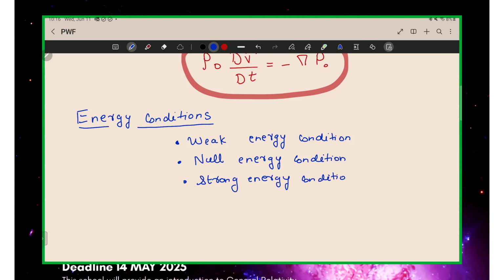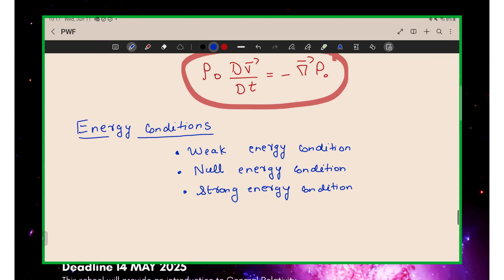There's one more called the dominant energy condition, but I'm not going to talk about that. These energy conditions put certain constraints on pressure and energy density, and you will see what each one gives you as a constraint in the problem set that you will get.